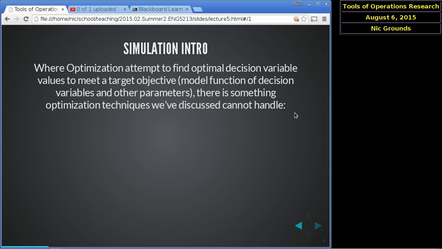Okay, and the objective was just a function, maybe a somewhat complex one, but a function of those decisions, the values we decided on. In the linear optimization case, it's a linear function. In nonlinear optimization, which we didn't really do, the function can be nonlinear, okay, and so forth.